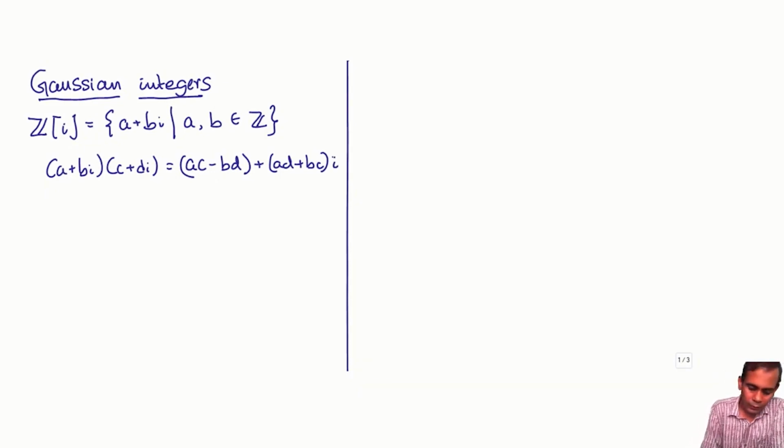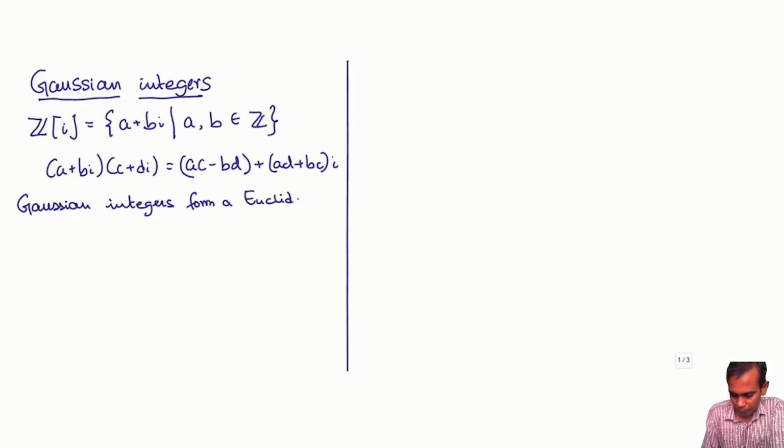Okay, and what I want to explain is that Gaussian integers form a Euclidean domain. Obviously Gaussian integers form an integral domain because it's a subset of the complex numbers, and if you multiply two non-zero complex numbers, you still get a non-zero complex number.